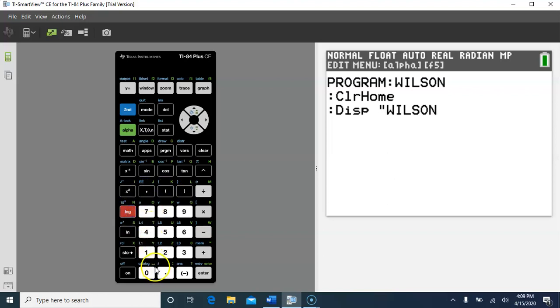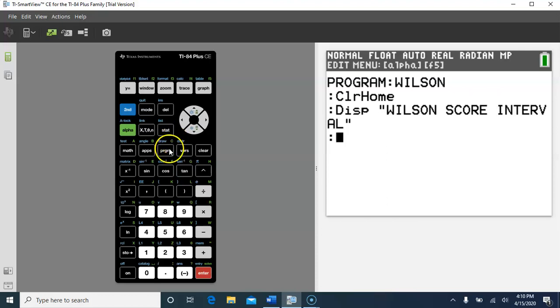The space is this character here that's attached to the 0. Wilson score, and another space, interval. And then we need a quote to end that, which is the plus sign, and then enter.